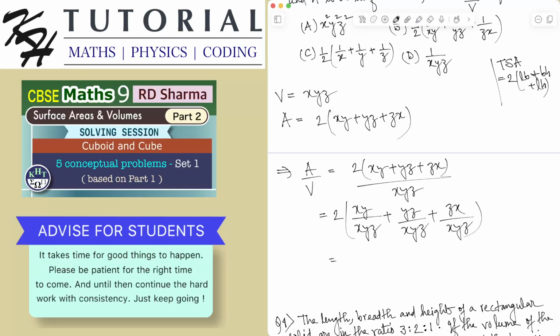If you further simplify each term, if you cancel out, it will be 2 by: xy will cancel out from the first term, 1 by z; yz will cancel out from the second term, 1 by x; plus zx will cancel out from the third term, so it will be 1 by y. That is, it will be 2 multiplied by 1 by x plus 1 by y plus 1 by z. This will be the value of the expression A by V.